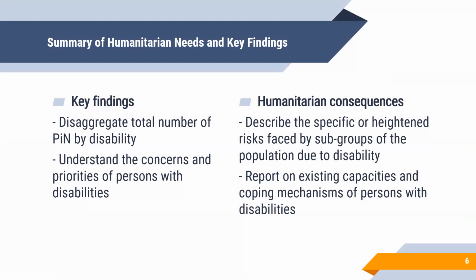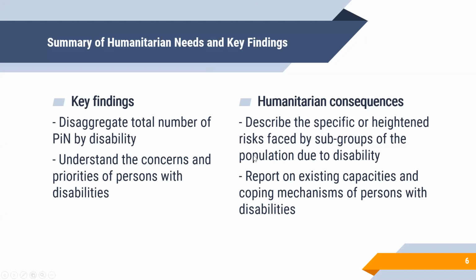So whenever we have a people-in-need number, we should have a disaggregation by disability. How many persons with disabilities are among this number? And of course, to have a more qualitative understanding of the concerns and priorities of persons with disabilities.